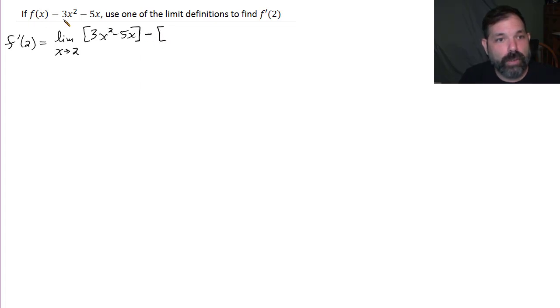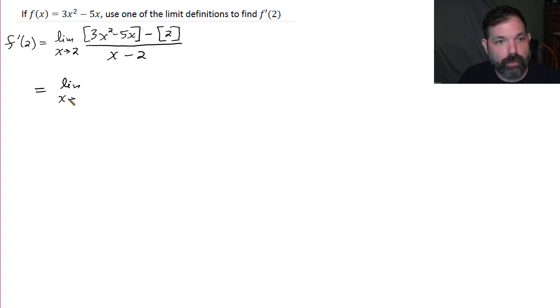F of 2 is 3 times 4 is 12, 12 minus 10 is 2, over x minus 2. Now we know that this is going to be an indeterminate form, so we're going to use some factoring.